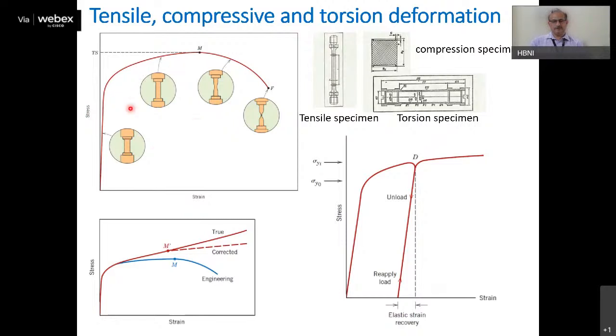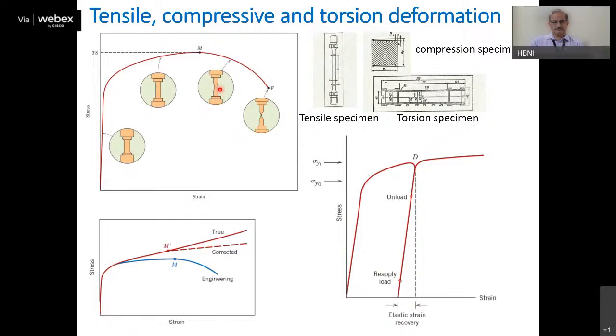This is called the engineering stress, which is defined in terms of the initial configuration, like the initial diameter. But as we know, if you do the tensile stress measurements, there is a necking. So in order to measure the true stress, one has to take the cross section of this neck portion. It's the smaller portion now.